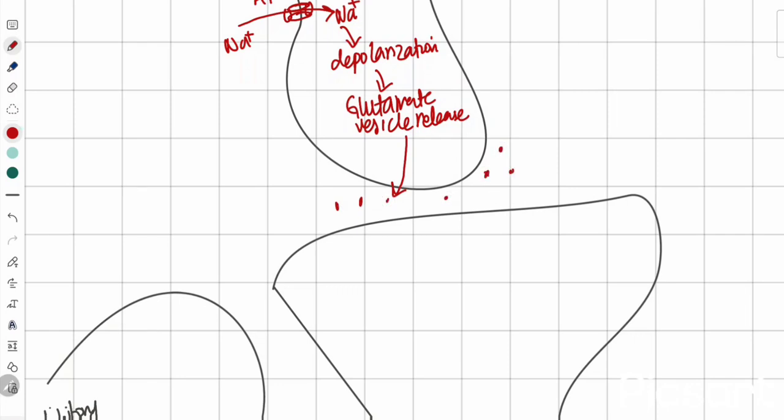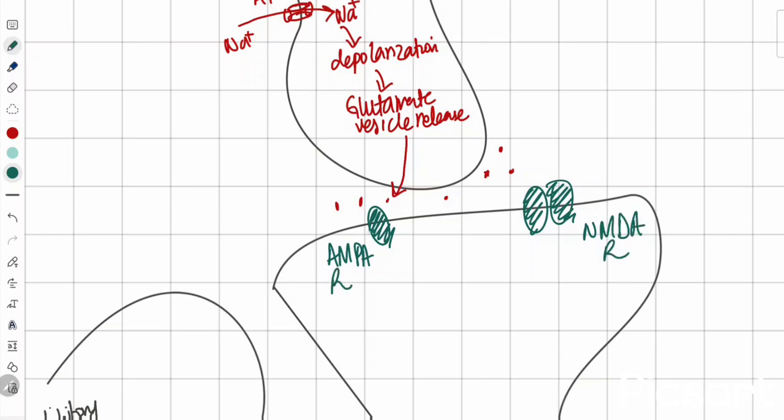On the postsynaptic neuron we have two receptors. One is the AMPA and the other is the NMDA receptor.